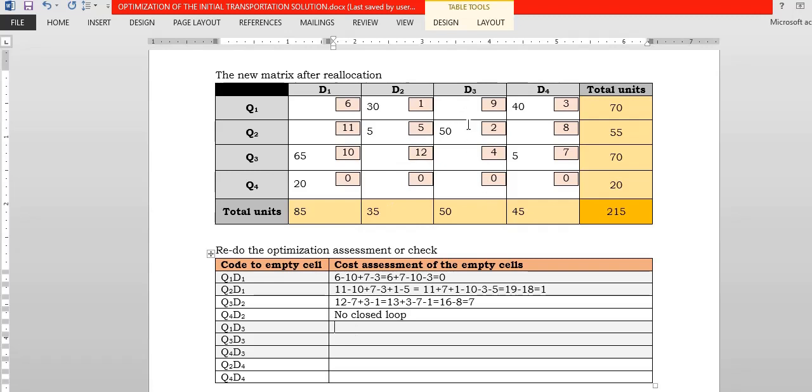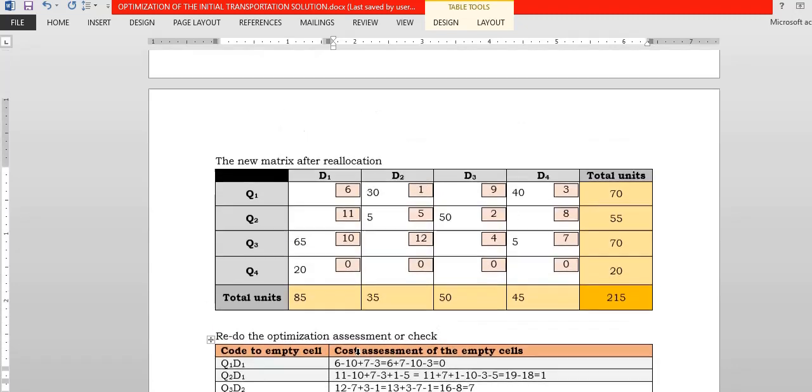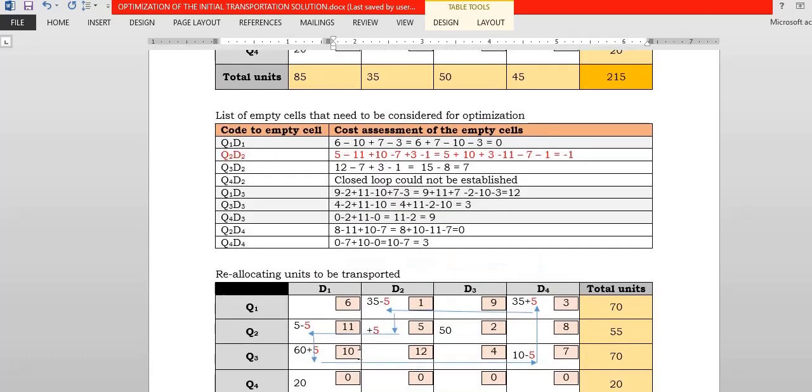Third column is here. Q1 D3. Q1 D3 really does not change. It is the same. Q1 D3 actually, all these remaining ones have the same as this. They have the same.